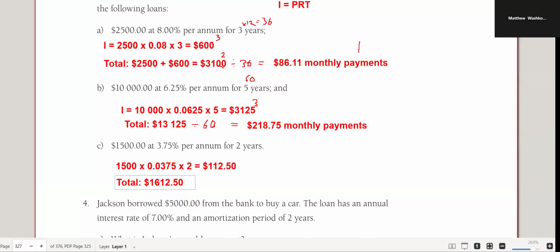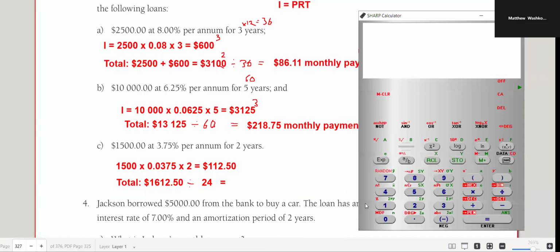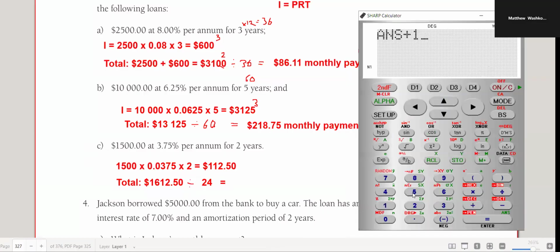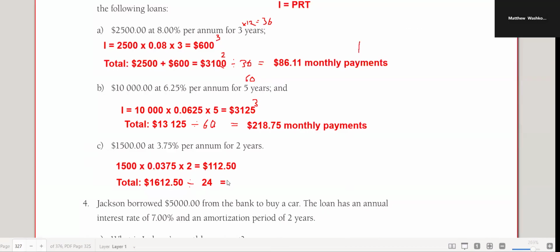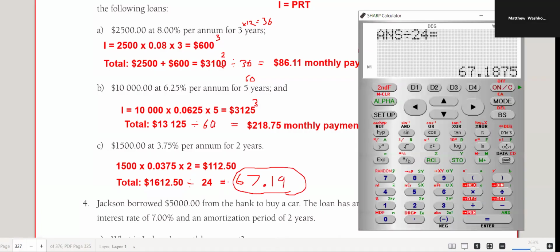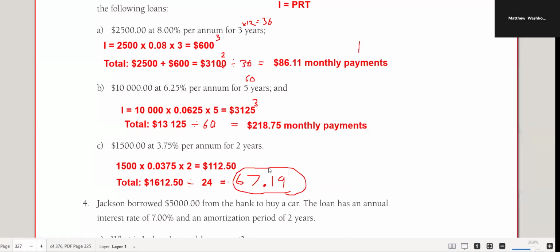Now, if I divide that by 24, because there are 24 months in 2 years, I will get my monthly payments: $67.19. 67 and 19. Yep. So there we go. If you have any questions, feel free to let me know.